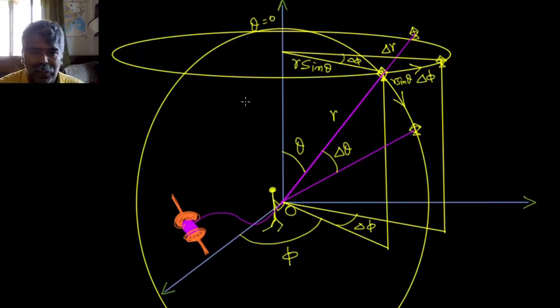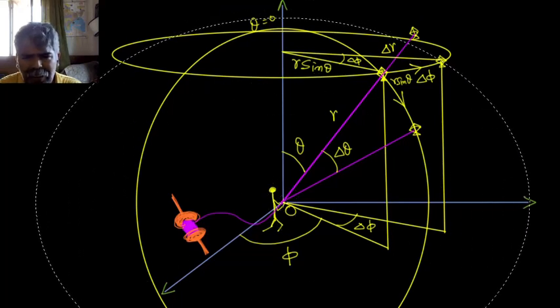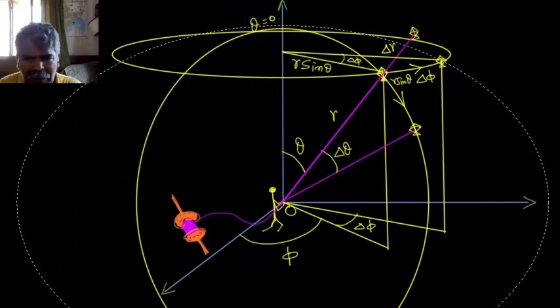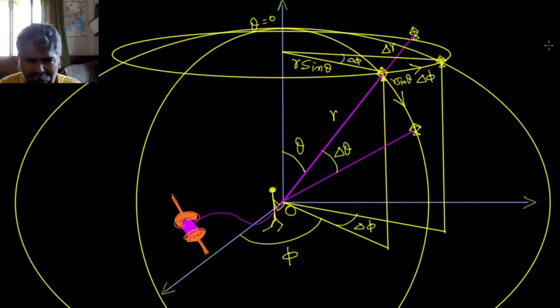Okay, that's very interesting. This is the new position. The sphere looks like a spheroid naturally, because I'm drawing it like that.